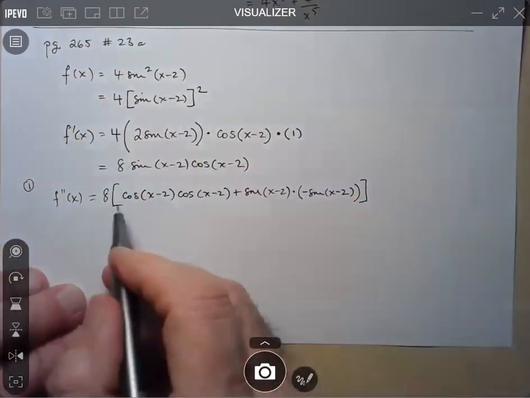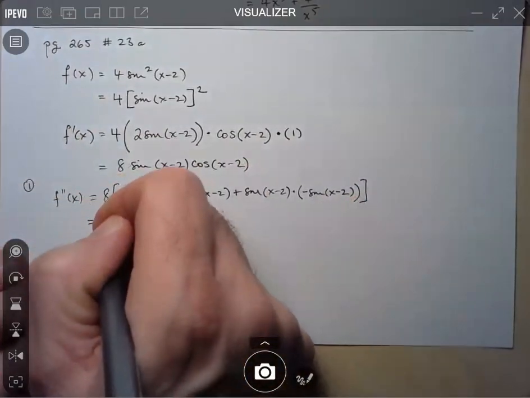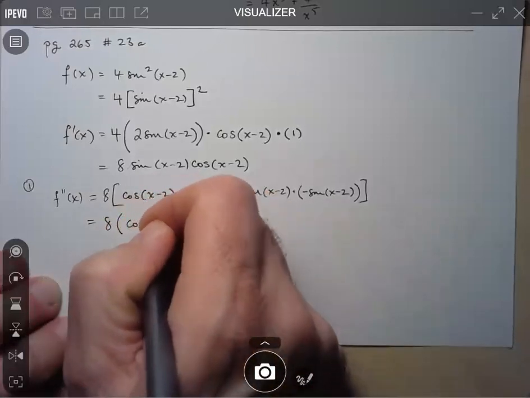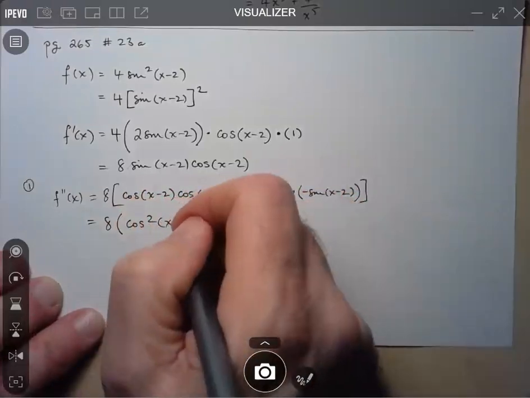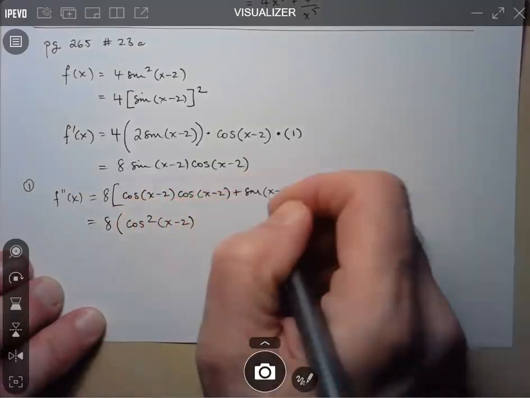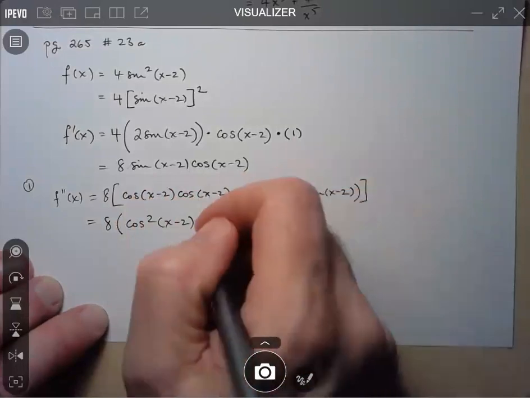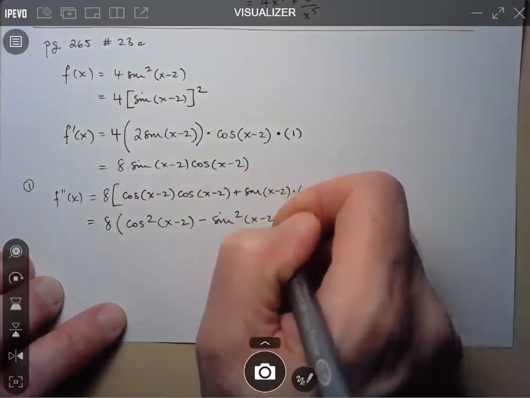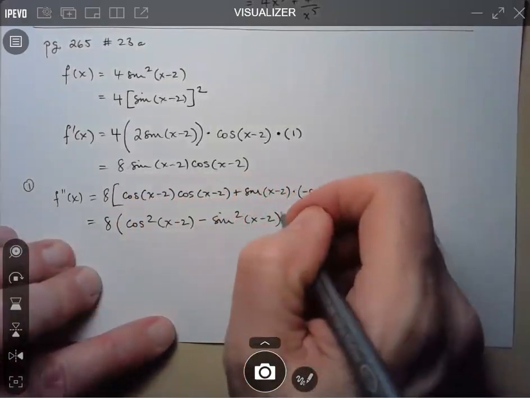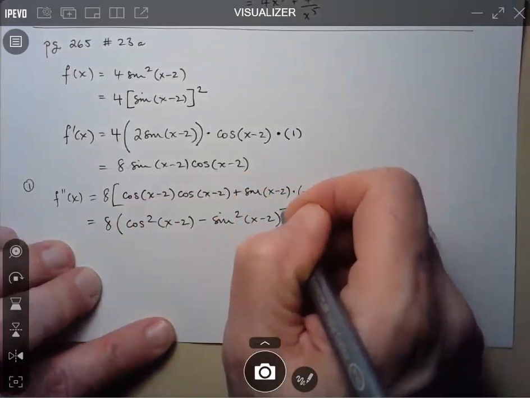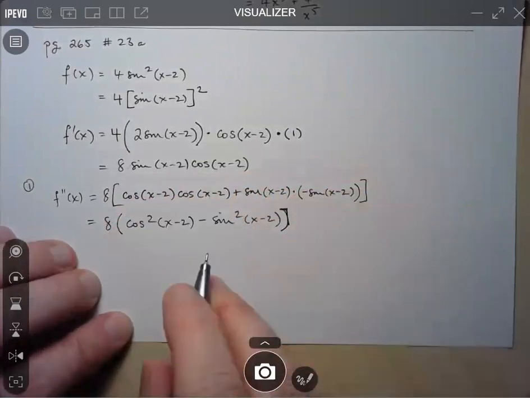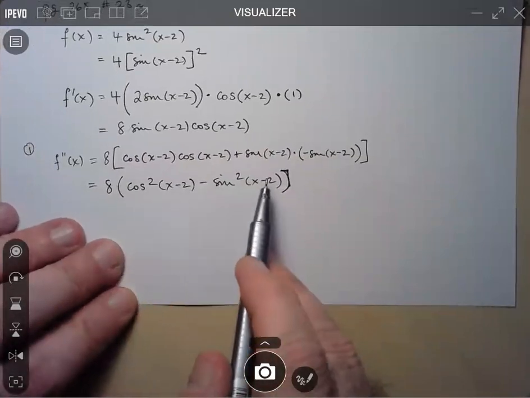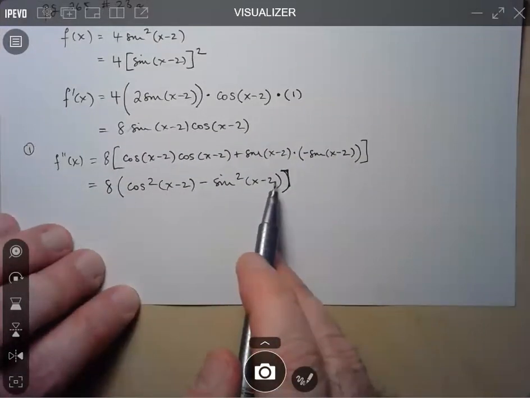Okay, and now here we see that we can do some simplifying, because here this is just cos squared of x minus 2, minus, because I'm adding the negative, minus sine squared of x minus 2. Oops, should be another round bracket there. And I could leave it here, or I could recognize that this is something we've seen before.